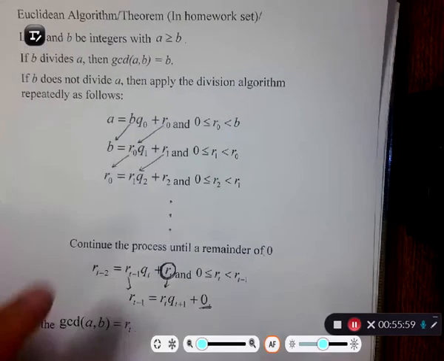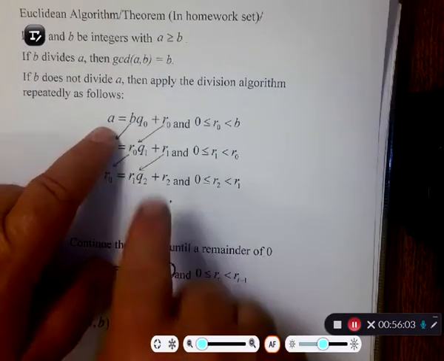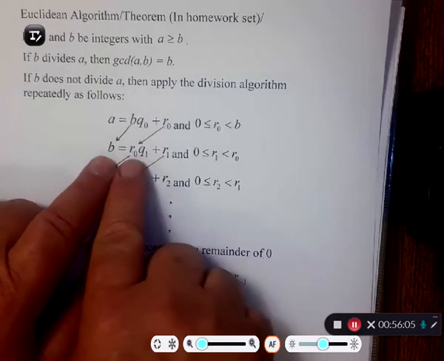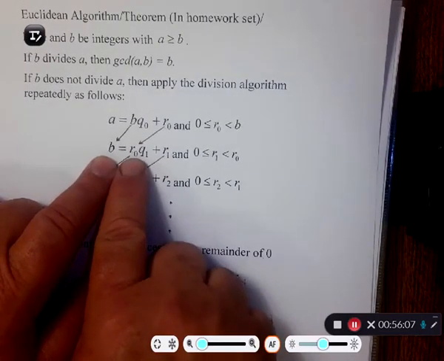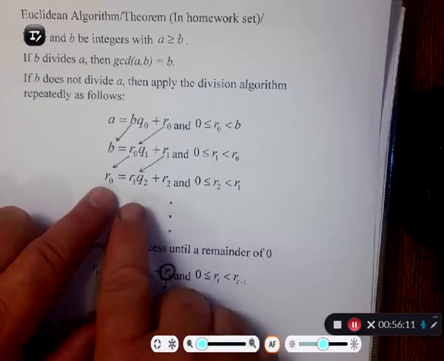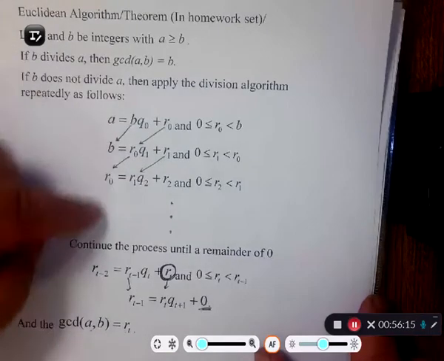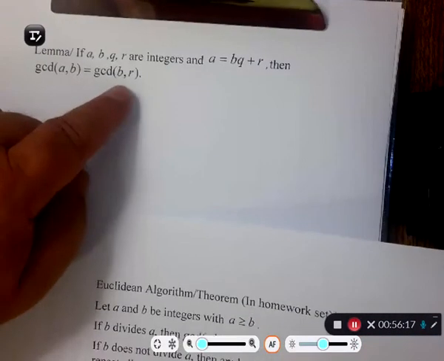So the GCD of A and B ends up being this RT. But when I shift, that also means the GCD of B and R0 is going to be RT. The GCD of R0 and R1 is going to be RT all the way down the line. And that's what's going on here.